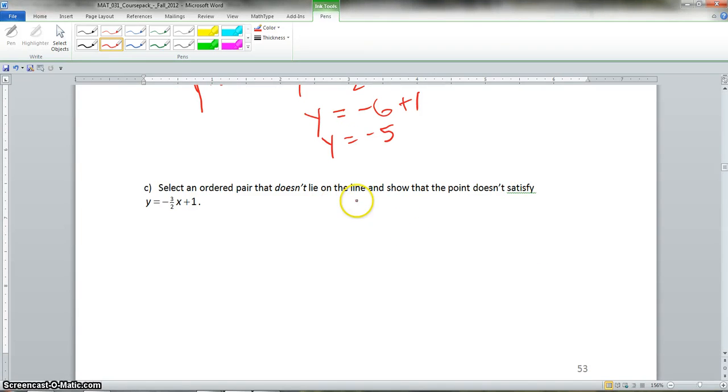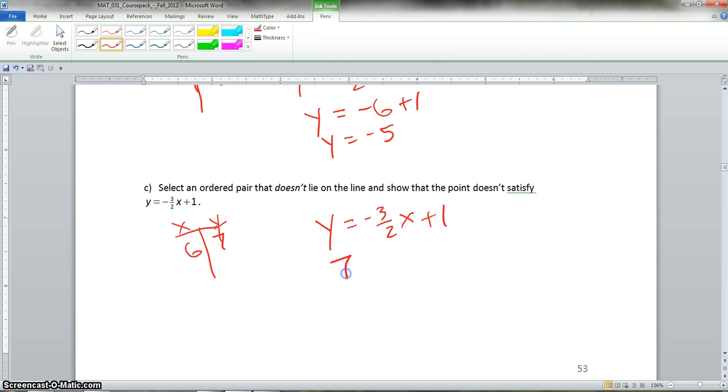So now we come down here to see. It says select another ordered pair that doesn't lie on the line and show that the point doesn't satisfy this here. So what we could do is this. We could just select some values at random. Let's try 6 and 7. Now to prove that this doesn't lie on the line, we could just substitute in these values here.